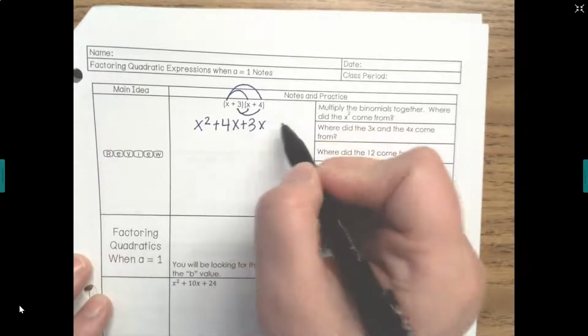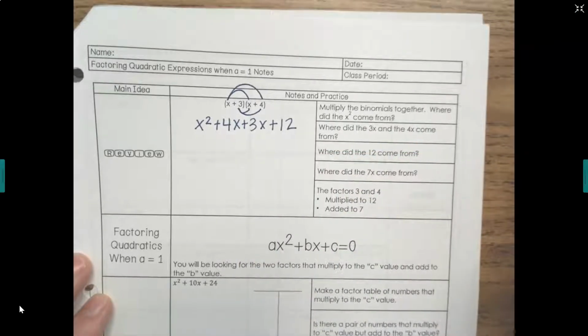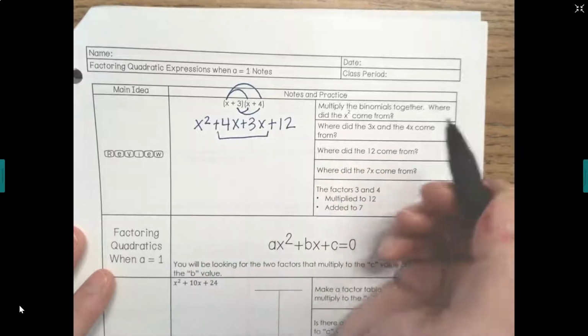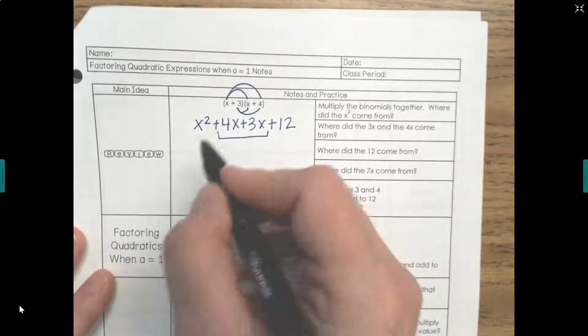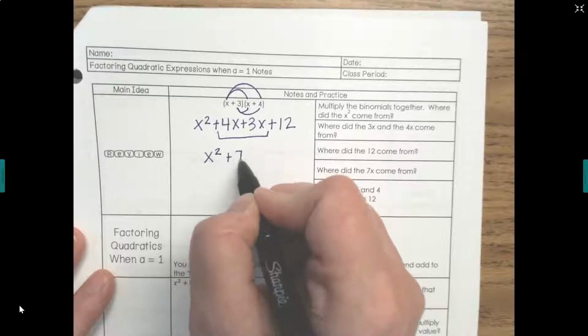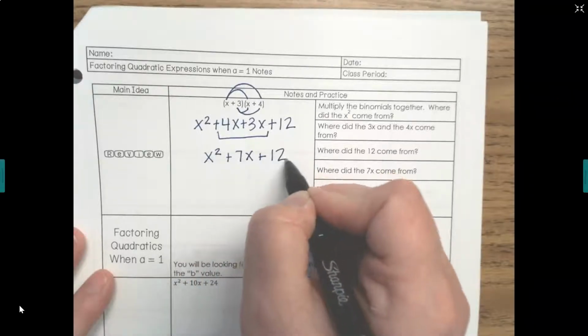And then we have 3 times 4, which is 12. So when we do this, these middle terms right here are like terms and need to be combined. So we end up with x squared plus 7x plus 12.